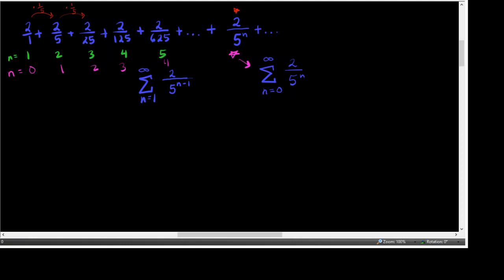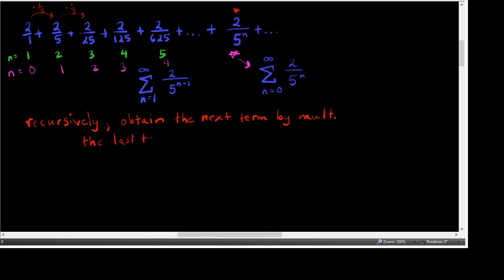Okay, so let me write that down. Recursively speaking, so recursively, we obtain, in this particular example only, the next term by multiplying the last term known, the last term we have, all those are synonymous.